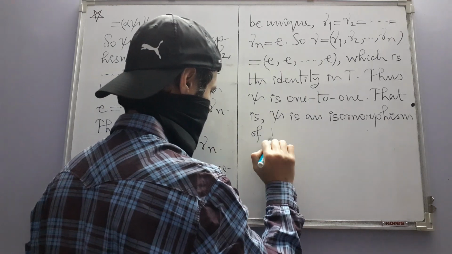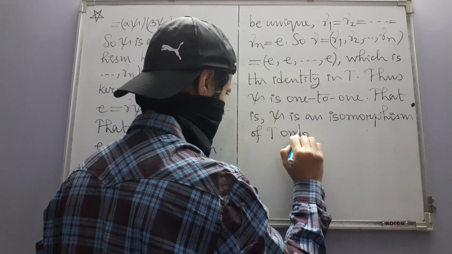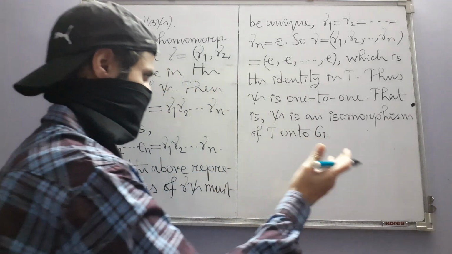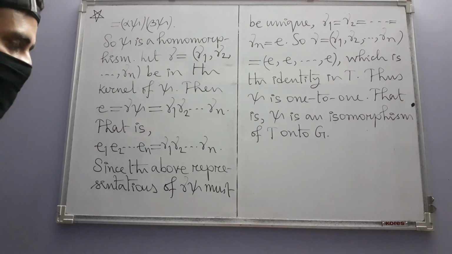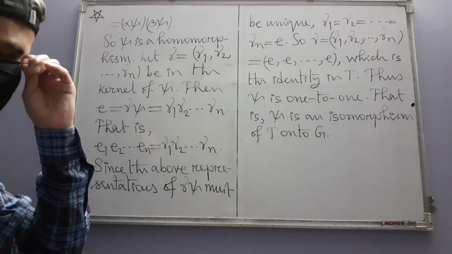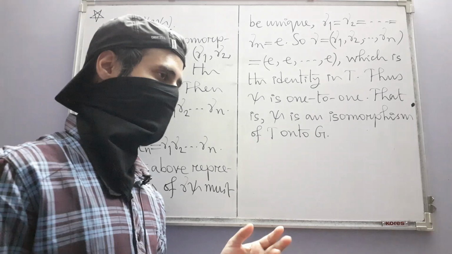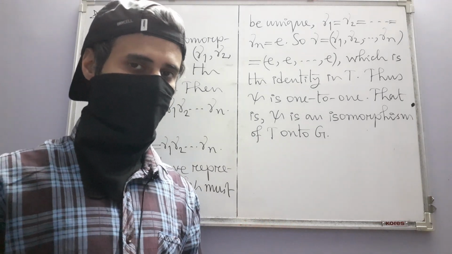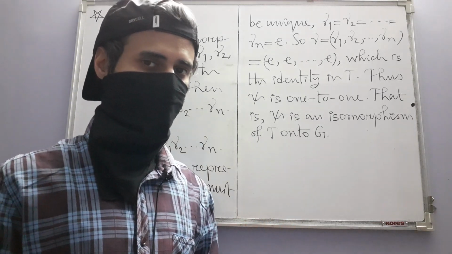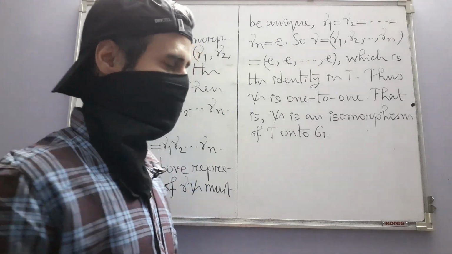of T onto G, and that's why G and T are isomorphic, and we no longer have any need to say external or internal direct product. We can simply say direct product, and that's just it.